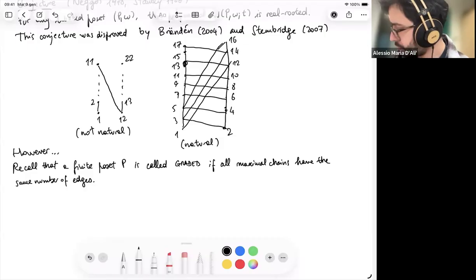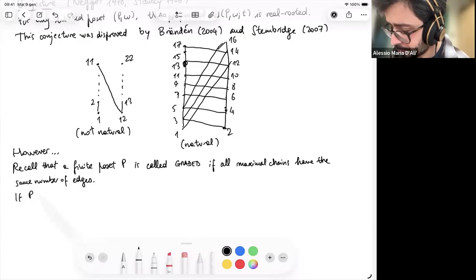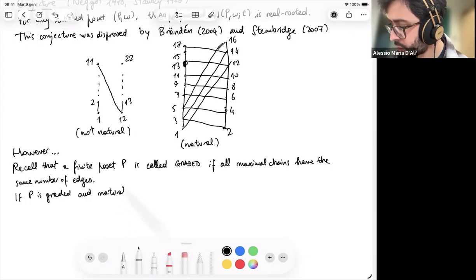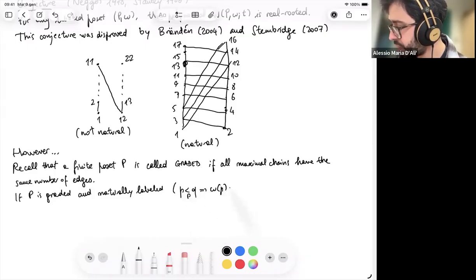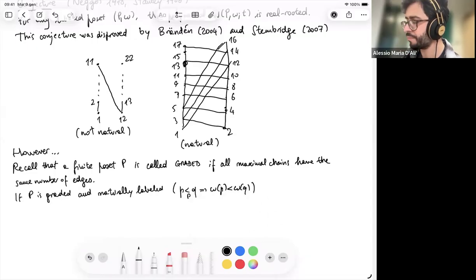Okay, so if P is graded and naturally labeled, which is what I was mentioning before, so it means that if p is smaller than q, then omega of p is smaller than omega of q.